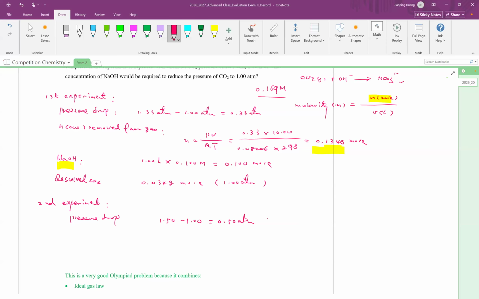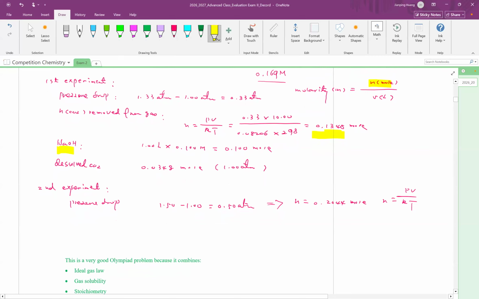Now we can simply use the same way, calculate how many mole should equal 0.44 mole. How can you do that? n equal PV over RT. Again, in this case, how many physical dissolve? Physical dissolve is this one. Physically dissolve, right?